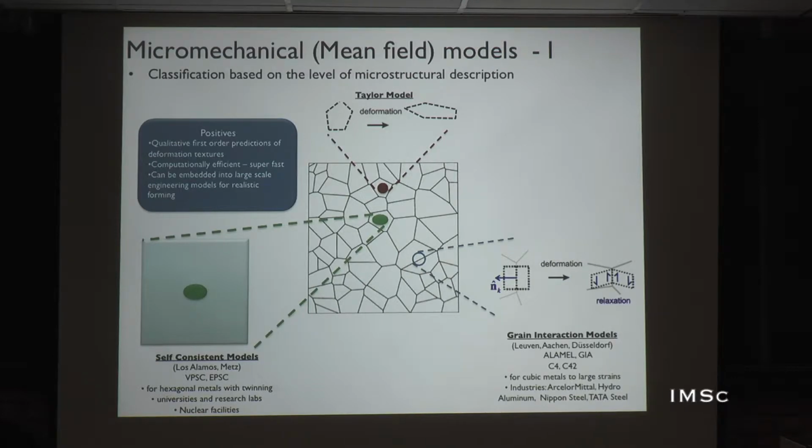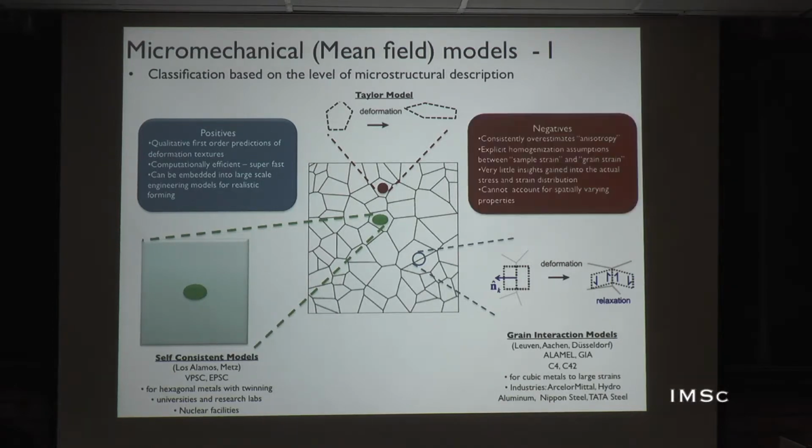Okay. So, pretty good models, and these are quite often used even in the industries. The negatives, as I told you, while it does a good qualitative job, if you want hard numbers to be as close as possible, then you are not on such good ground here. As a matter of fact, you have to make several assumptions, right?